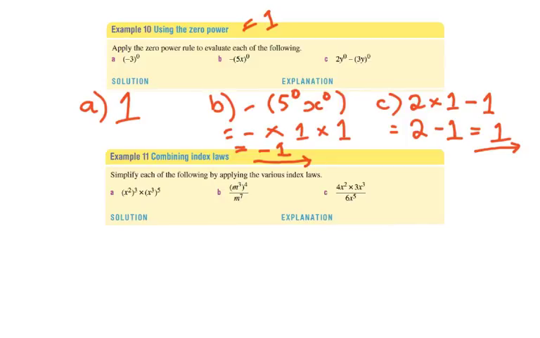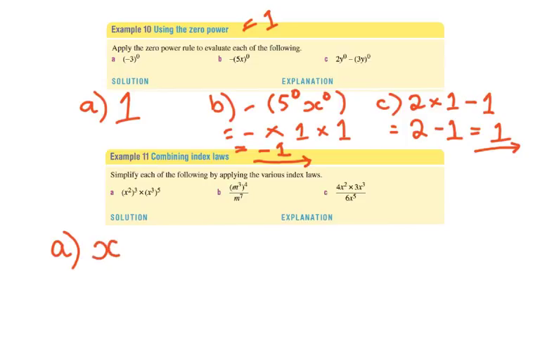With example number 11, we're now combining some of these laws that we have learnt today and previously. Here we have in the very first one in A, in example 11A, we've got our brackets and we've got our indices. So remember, you multiply your indices together.